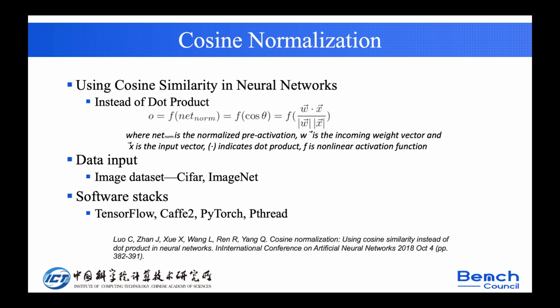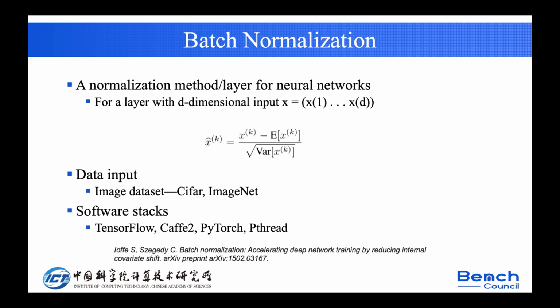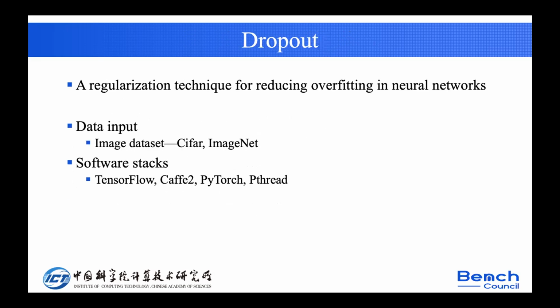The cosine normalization is as this figure. This is a batch normalization. Dropout is a regularization technique for reducing overfitting in neural networks.